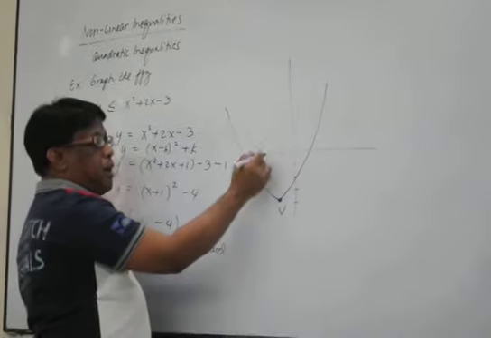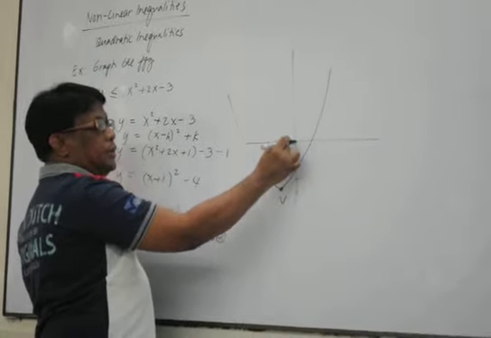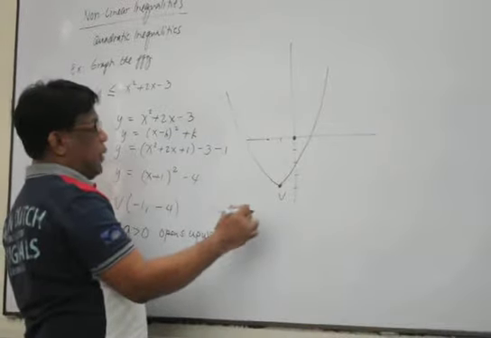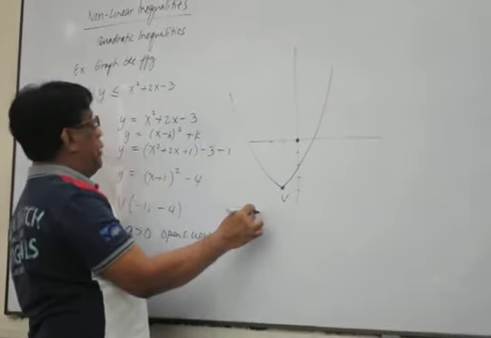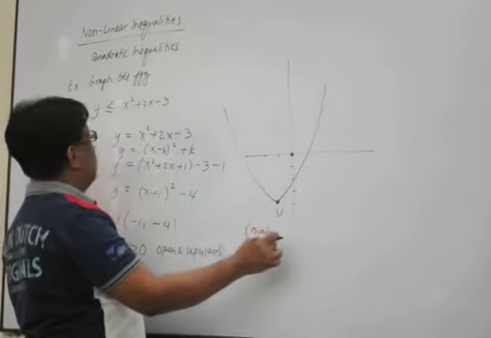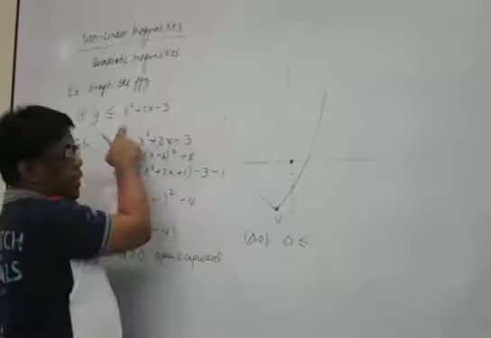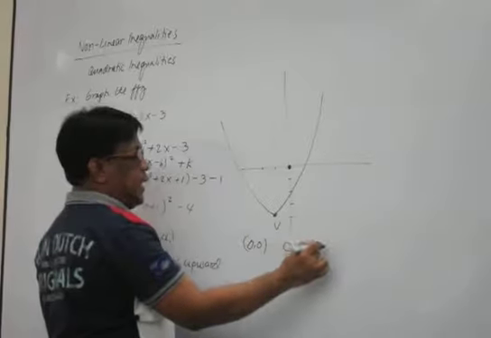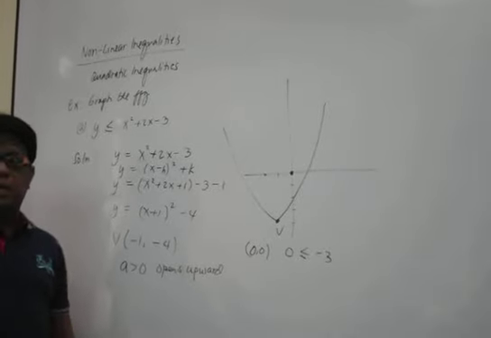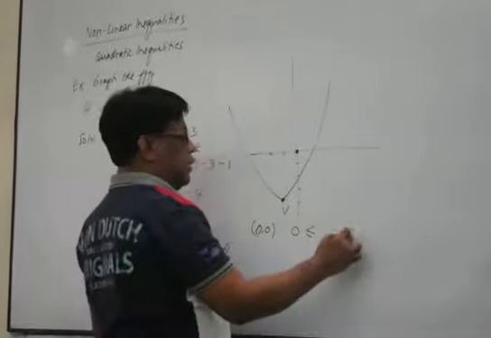Let us take a point inside; we can use the origin. At (0, 0), y is 0. Is it less than or equal to negative 3, with x also 0? 0 is less than or equal to negative 3. True or false? It is a false statement, right?